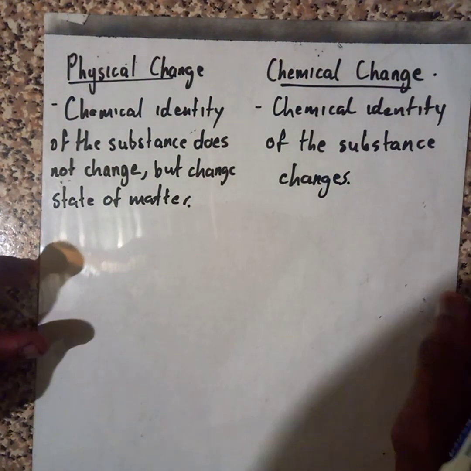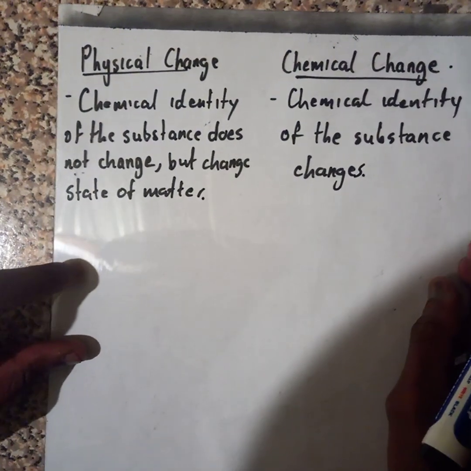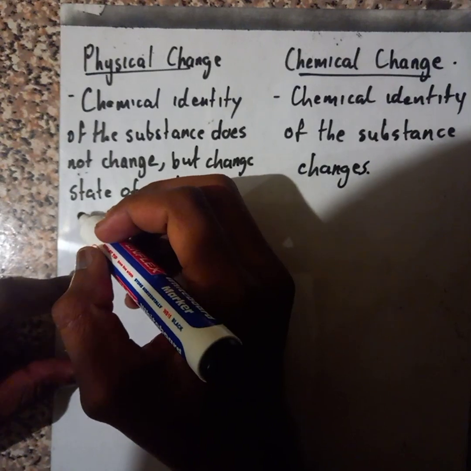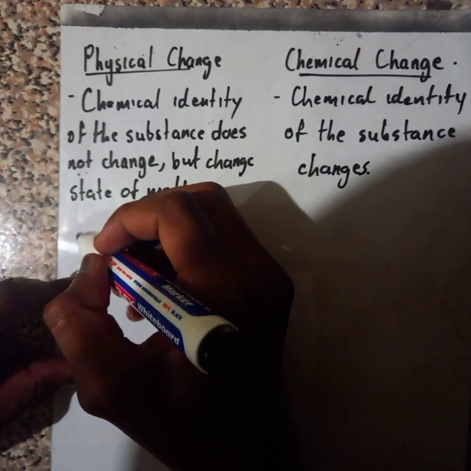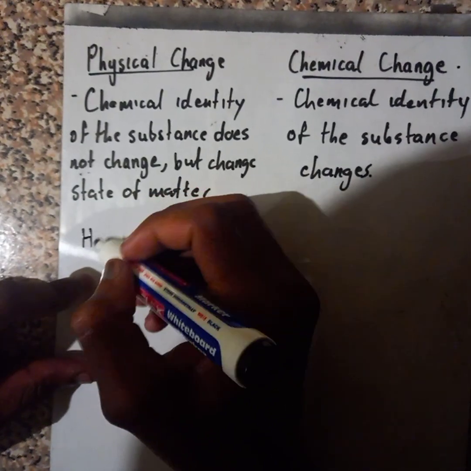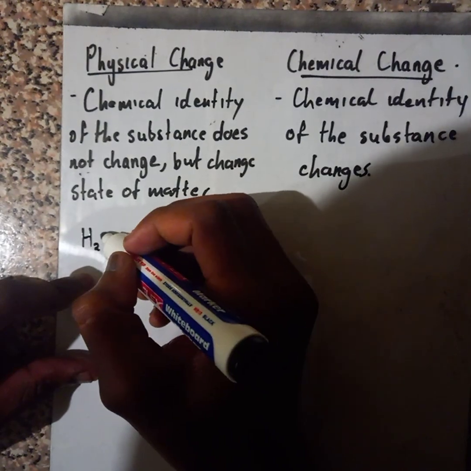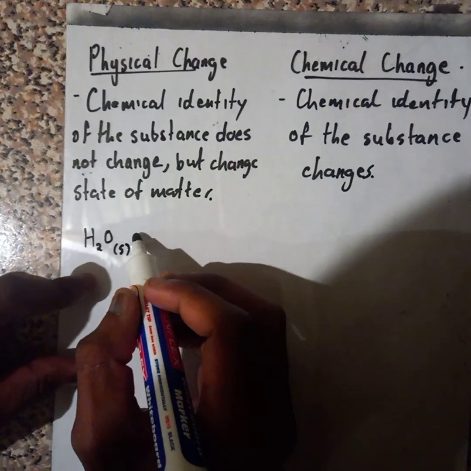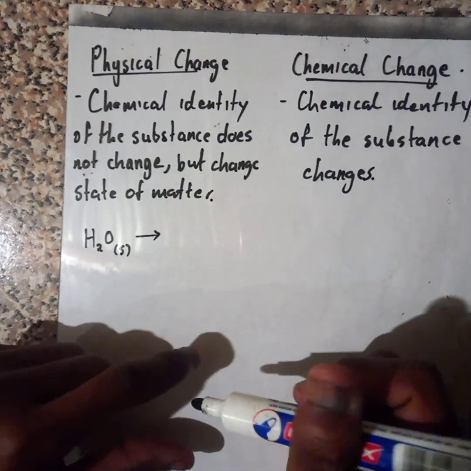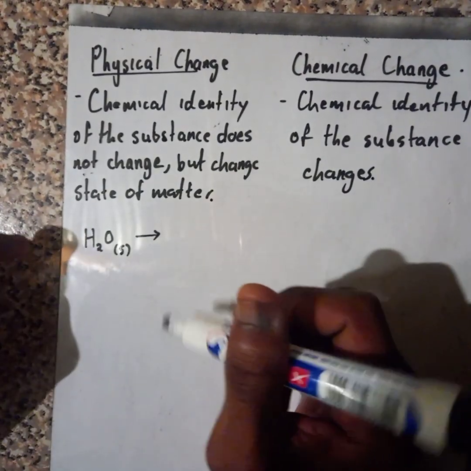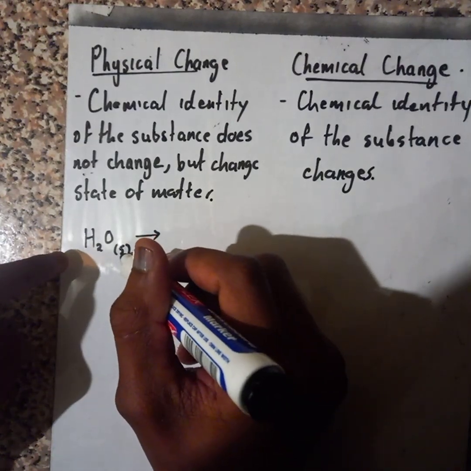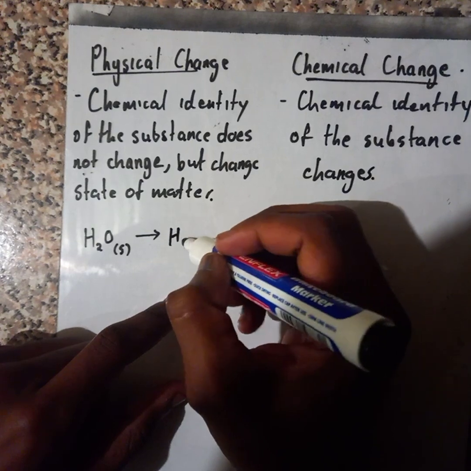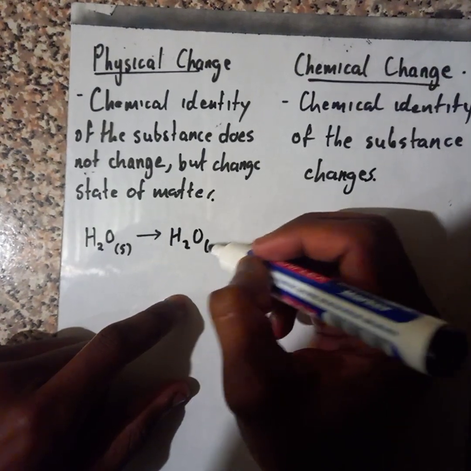Suppose I take water in a solid phase, maybe an ice cube, and I allow it to melt. It will change from a solid phase to what? To a liquid phase after a while.